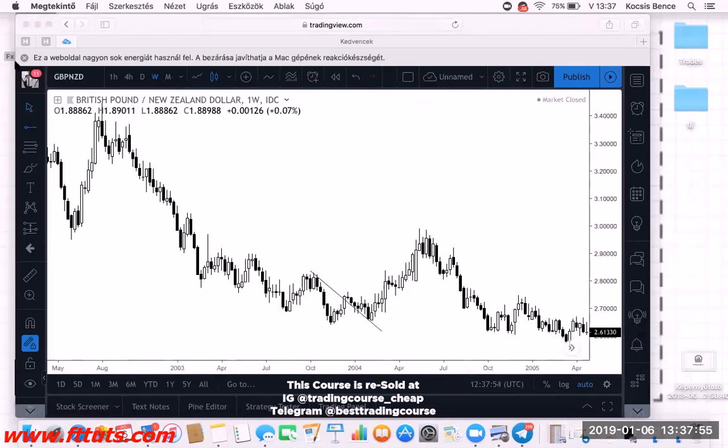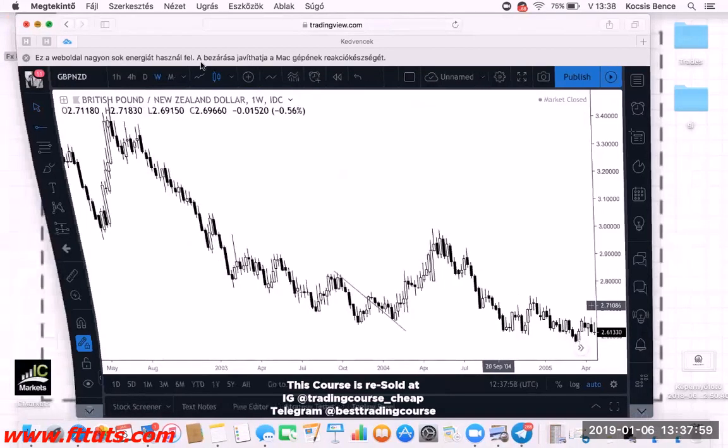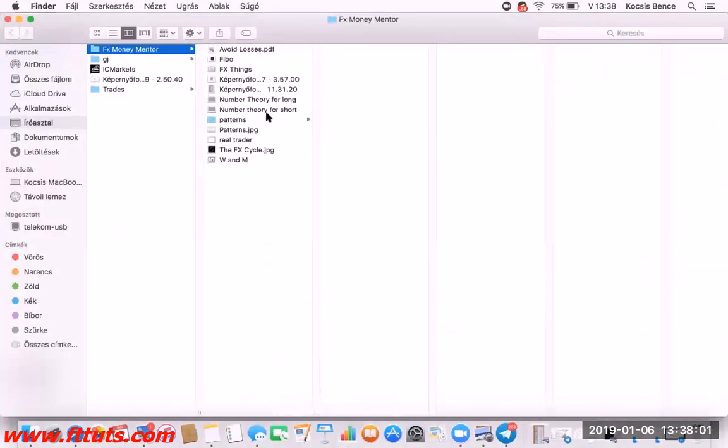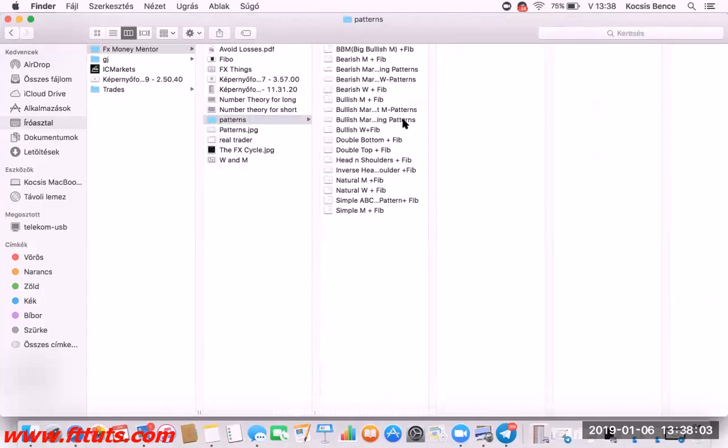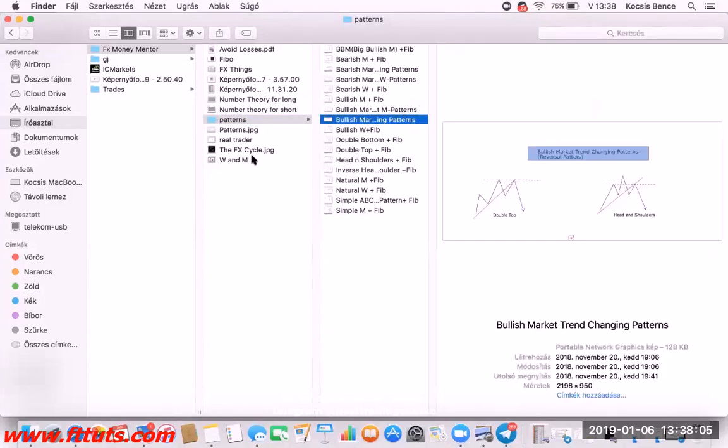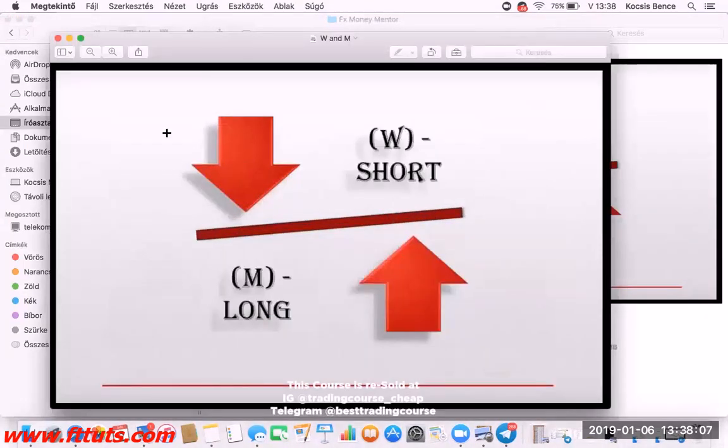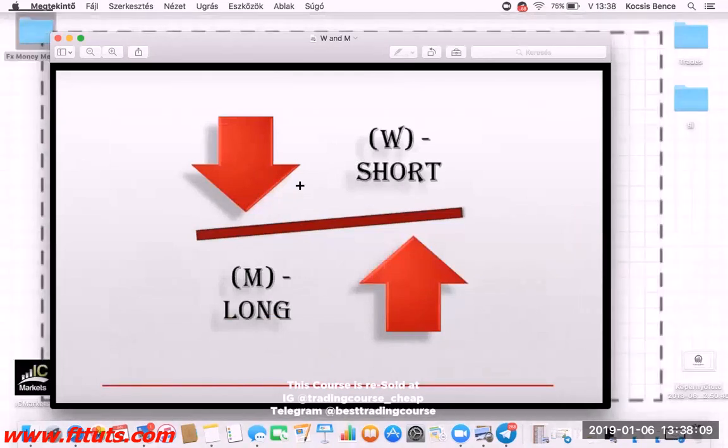Okay. Let me repeat everything quickly. So in the future, when you are looking at the chart and you are looking at the bearish market and you want to go short, you need to find the W's.